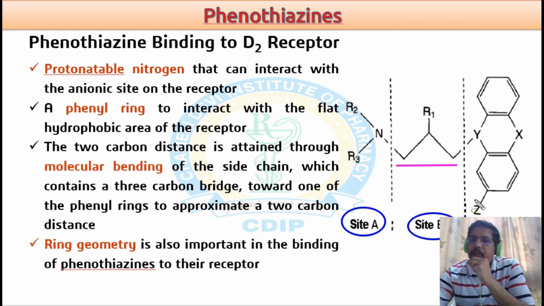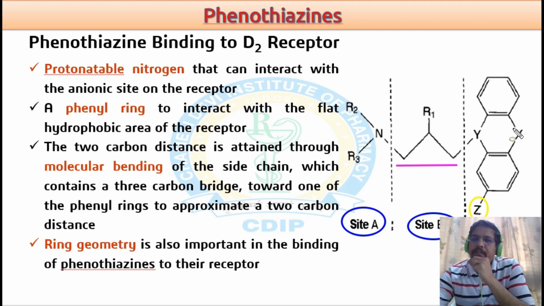but due to the presence of the electron withdrawing group on the second position of the phenothiazine, this bridge is bent, and by virtue of that the distance is similar to the 2 carbon linker.